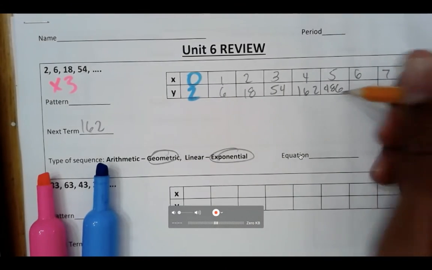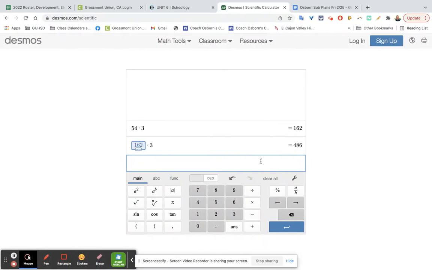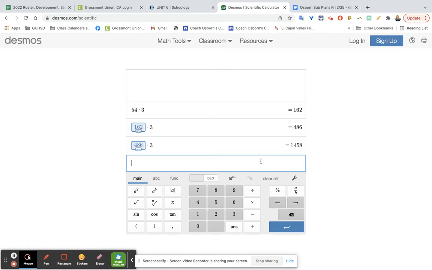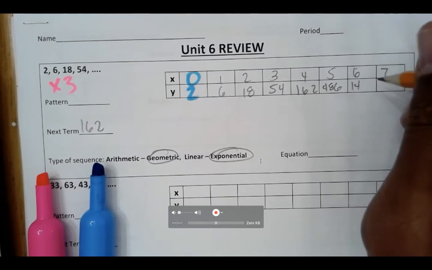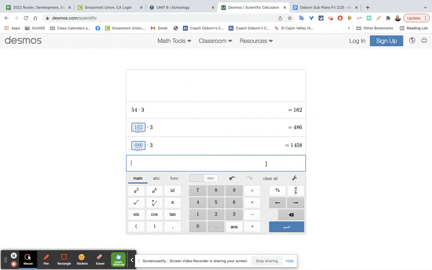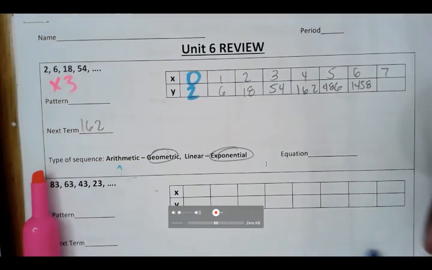And then you can tell this is probably going to start getting kind of big. Times 3 again, so 1458. And I've got to do it one more time. 1458 times 3, 4374.